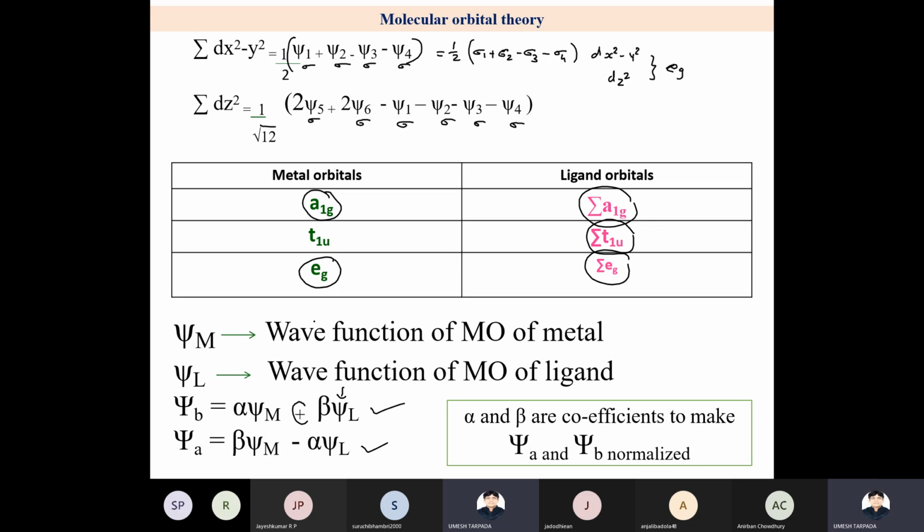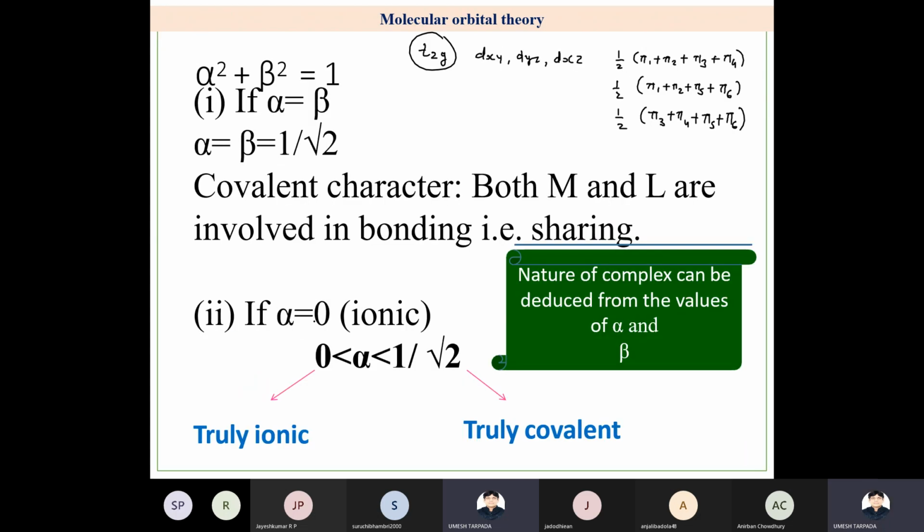You can find out using mathematical calculation, that is using Huckel theory, or you may have an application of quantum chemistry. But see, alpha square plus beta square is equal to 1. So if alpha equals beta, then what happens? Alpha equal to beta, then you can replace beta by alpha. So 2 alpha square is equal to 1. So alpha is equal to 1 upon root 2.